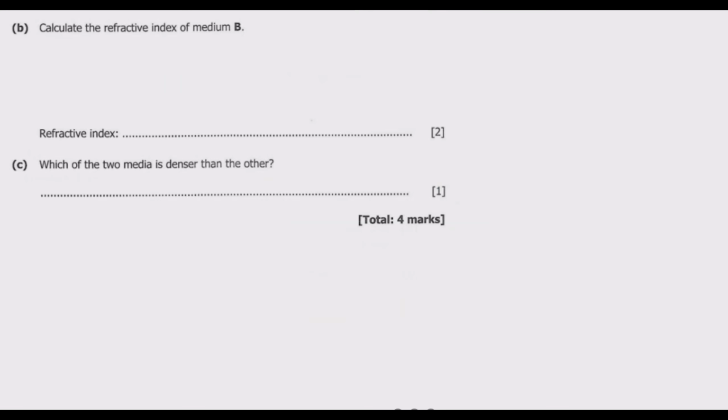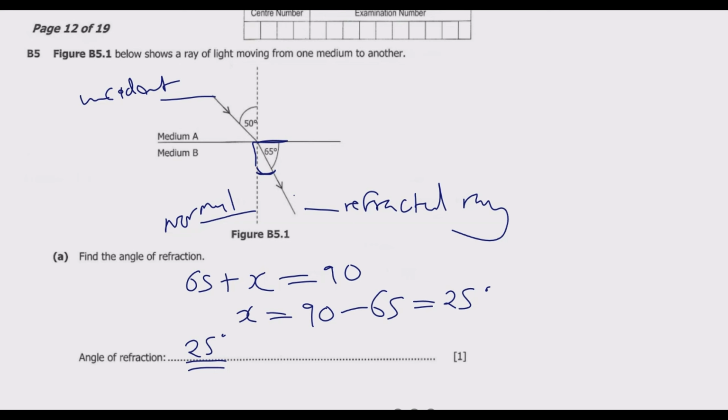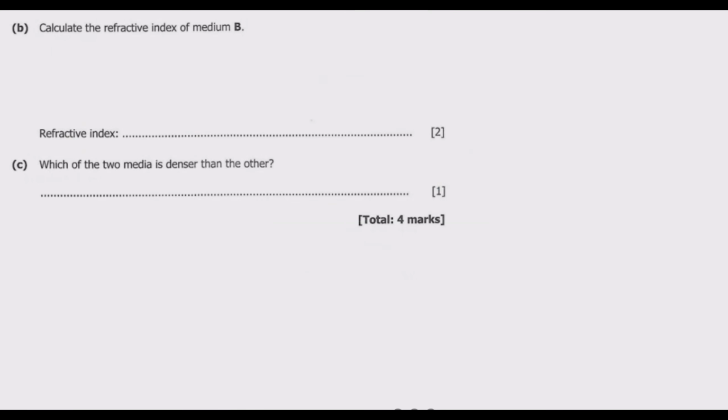Calculate the refractive index of medium B. So basically, the formula for refractive index of the two media, in this case, we're going to make an assumption that the refractive index of A is equal to 1, because otherwise we'll not be able to find it.